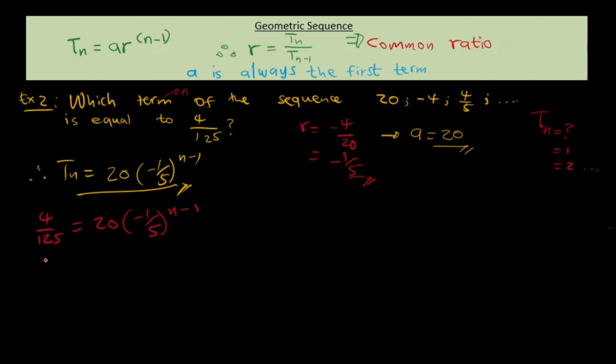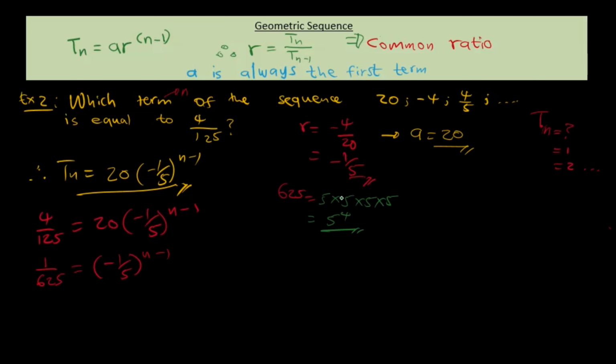What you'll get is 1 over 625. This side I'm still having (−1/5)^(n−1). 625 can be written as 5 times 5 times 5 times 5, which is 5^4.